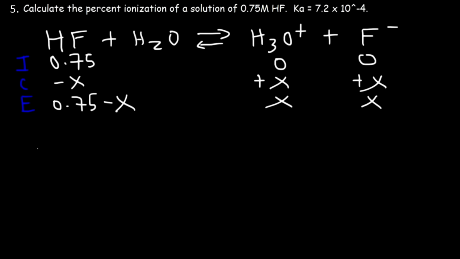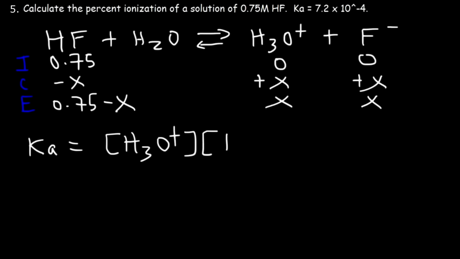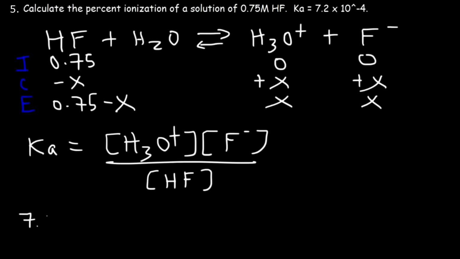Now, Ka, the acid dissociation constant, like any equilibrium constant, is equal to the ratio of the products over the reactants. So Ka is equal to 7.2 times 10 to the minus 4. H3O plus and F minus, they're both equal to X. X times X is X squared.